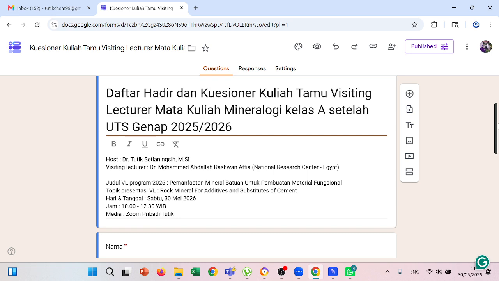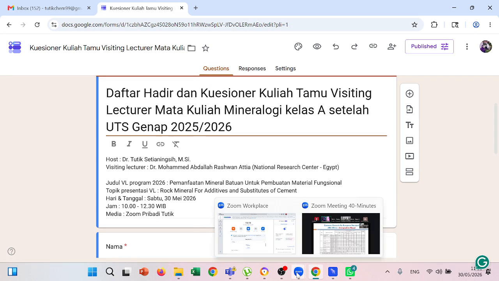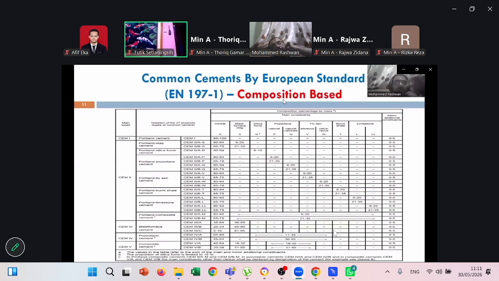For example, CEM II/A-S has clinker from 80 to 94%, and from 6 to 20% of slag, the waste. Another example is Portland silica fume cement, and this name comes from the type of main constituents that has been added to the clinker.